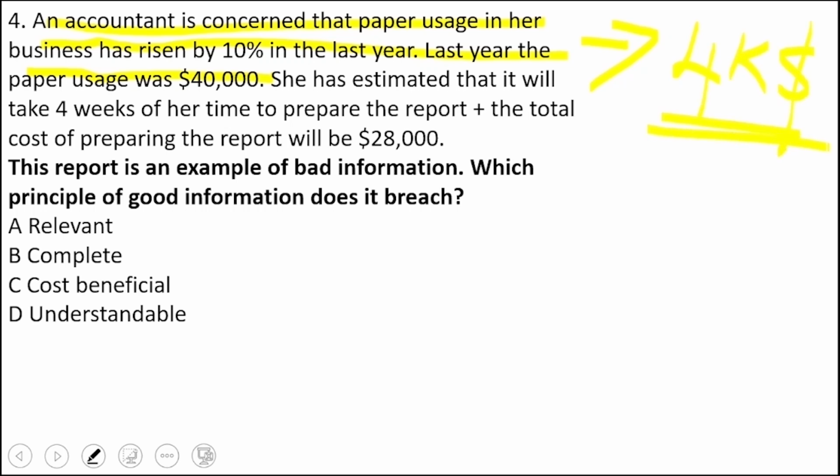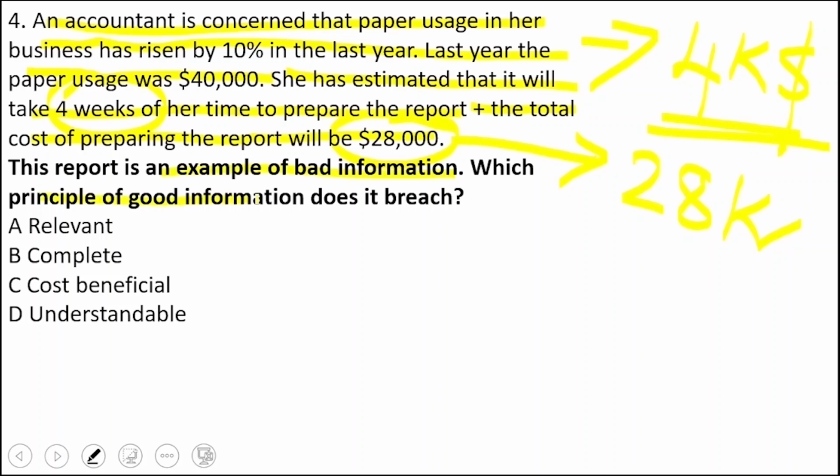So this is an increase in paper cost that has taken place. She has estimated that it will take 4 weeks of her time to prepare the report, plus the total cost of preparing the report will be $28,000. So for preparing the report, she has to spend $28,000. This report is an example of bad information.